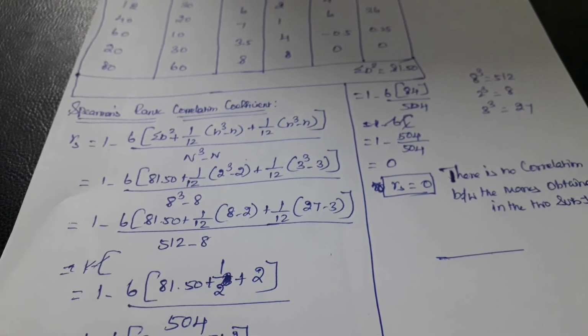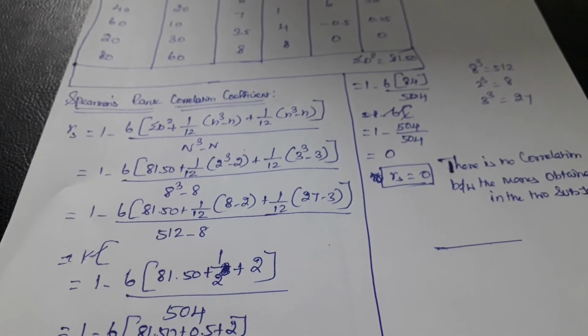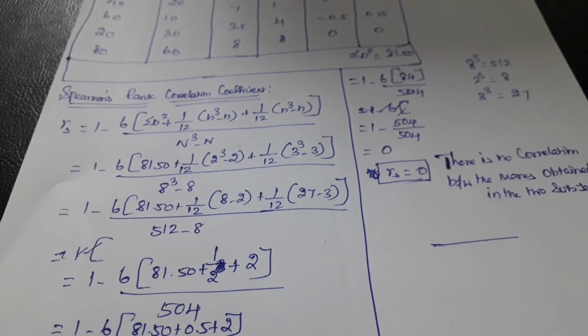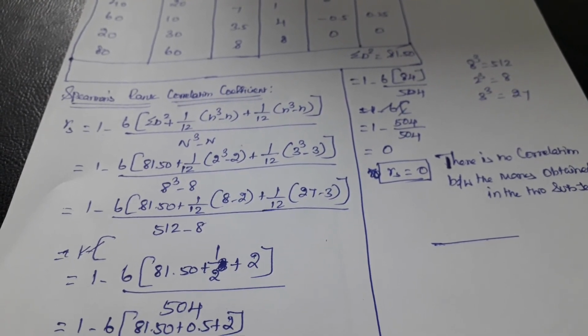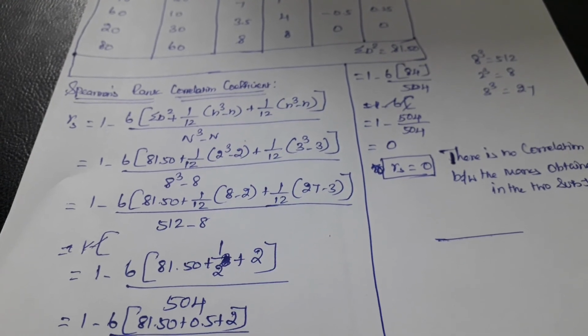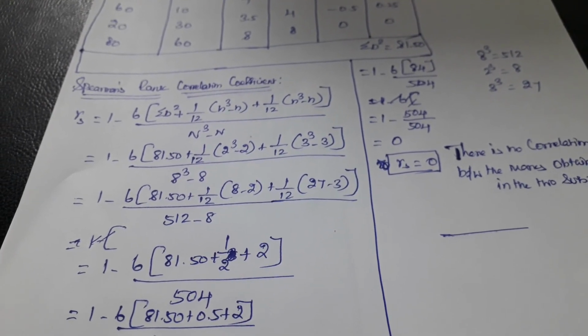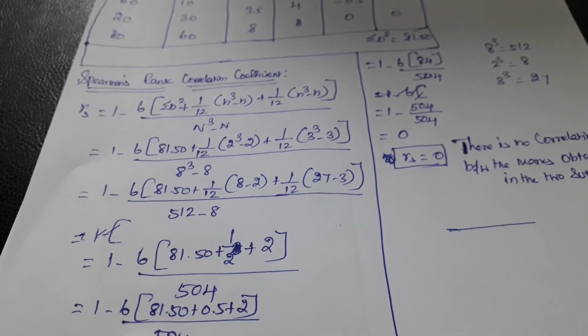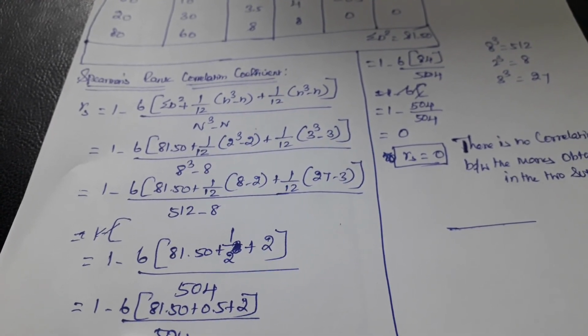In the first R1 column we can get two common values. In the second, the statistics rank, we got three common values. That's why we put 2 cubed minus 2 as well as 3 cubed minus 3.